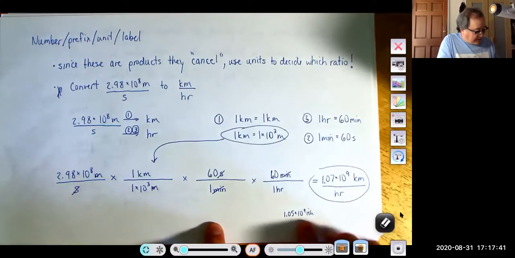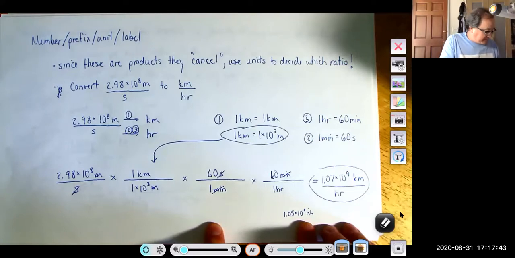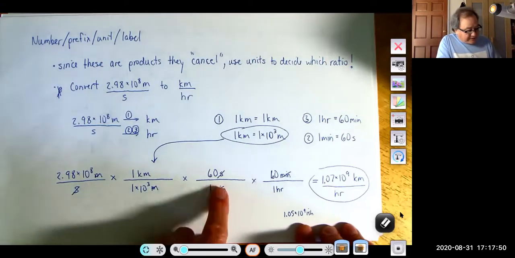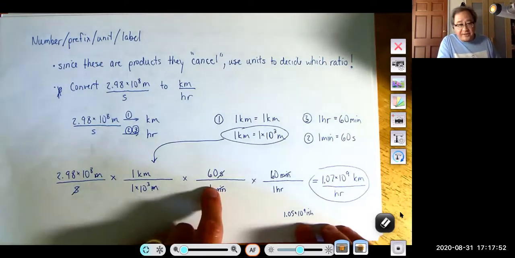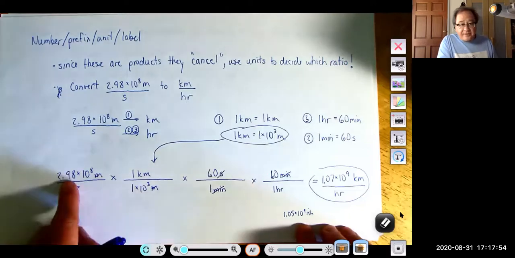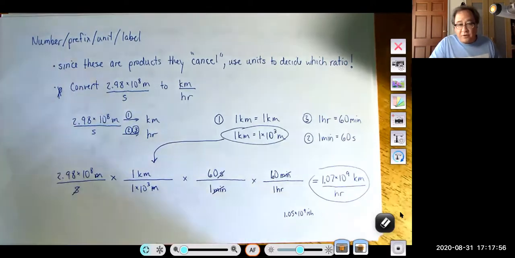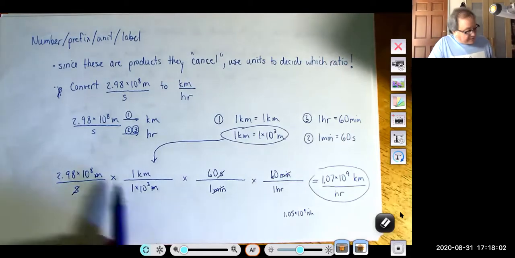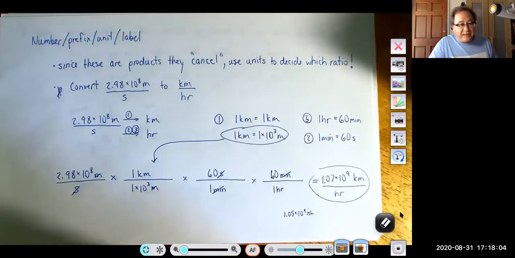And then when I did my estimate earlier today, I got 1.05 times 10 to the 9th-ish. And how did I do that? I think I did it something along the lines of this. 6 times 6 is what? 36. 36 times 3 is about 1.05, or 105. So monkey around with this. 10 to the 8th divided by 10 to the 3rd is 10 to the 5th.